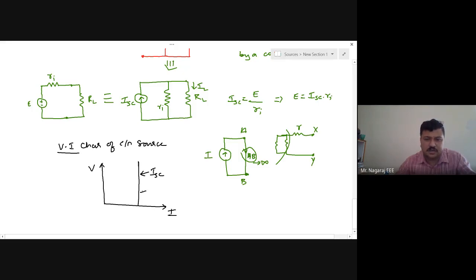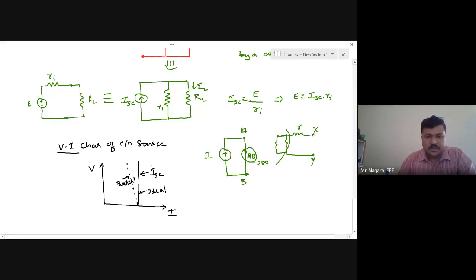So this is ideal. Then what is practical? This is practical. So this is the VI characteristic of a current source, where the current will remain unchanged with respect to the voltage across it.